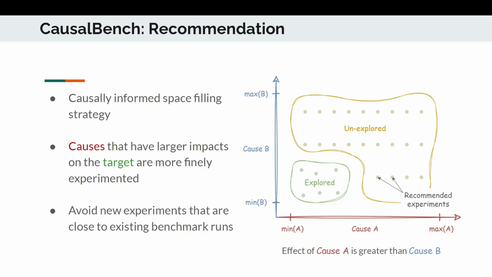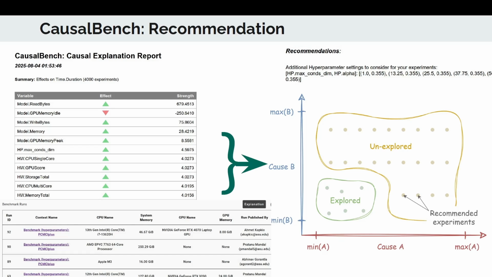The rest of the space is the unexplored space, where more experiments are needed to observe the potential effects within a benchmark context. Our goal is to provide users with these unexplored experiments, so that the benchmark set at the end of your study is well explored, which is a key point.